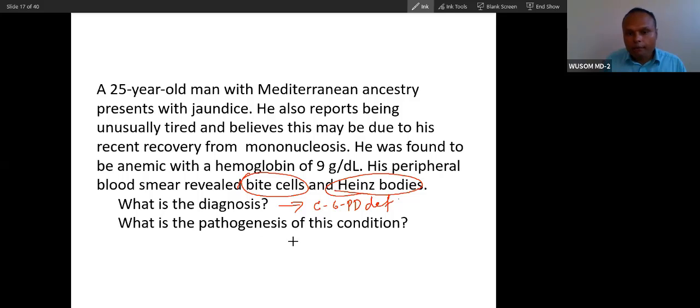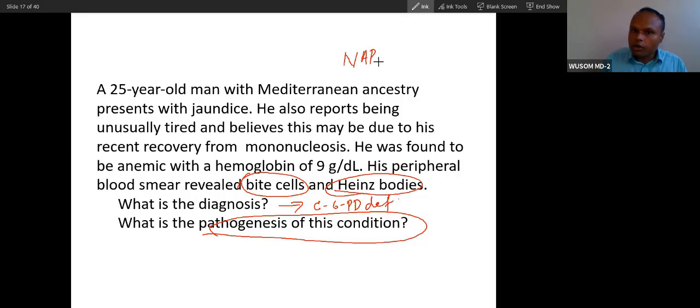And then what is the pathogenesis of this condition? The pathogenesis is because of low production of NADPH. Glucose 6-phosphate will convert into phosphogluconate, and this is the first reaction.